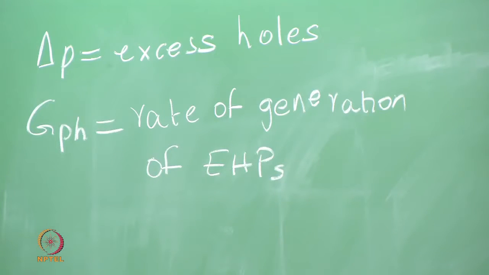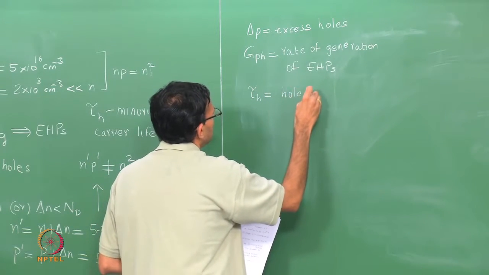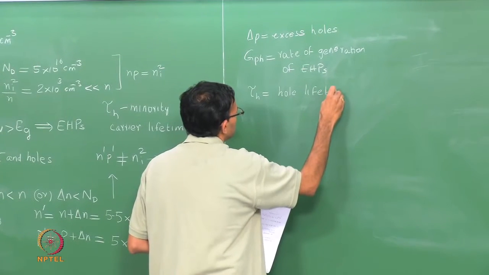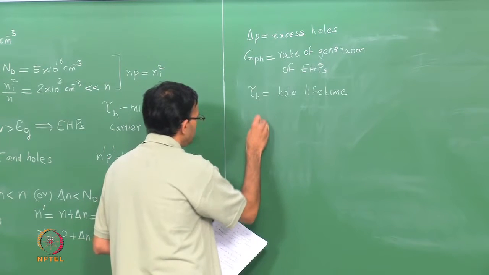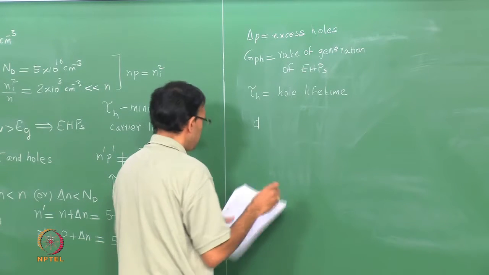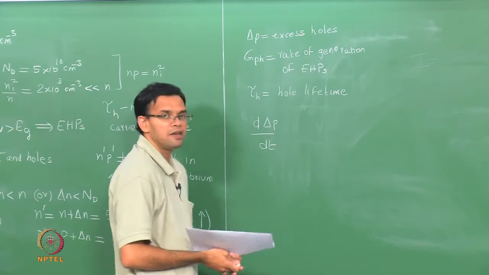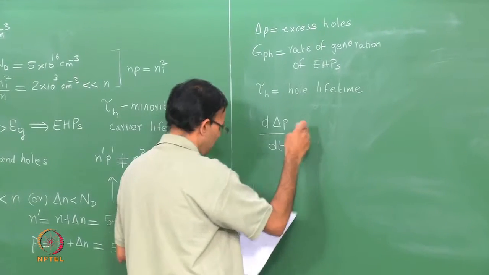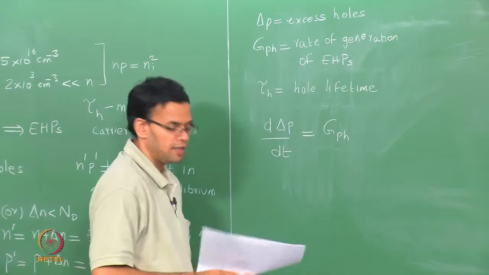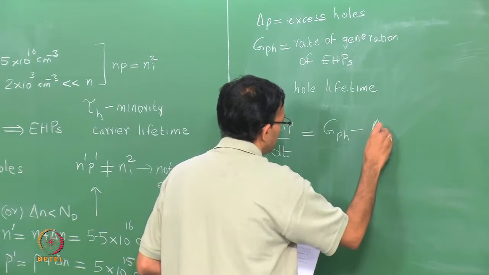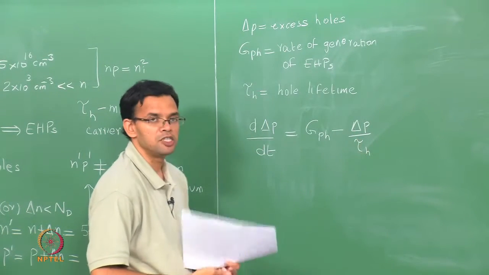We also define a minority lifetime tau h. This is your hole lifetime. So, we can write an equation that links d delta p over dt, which is the rate of change of the excess minority carriers, which is equal to how many are generated minus how many holes are lost due to recombination.